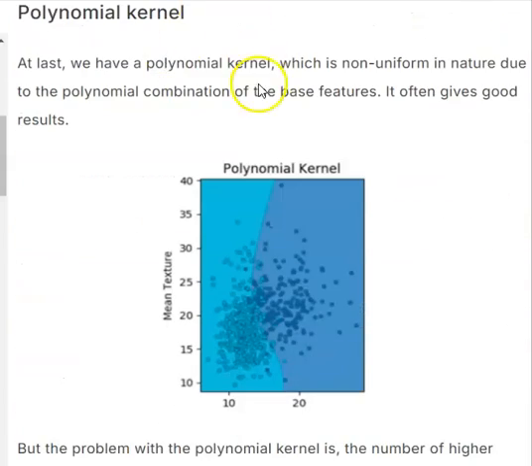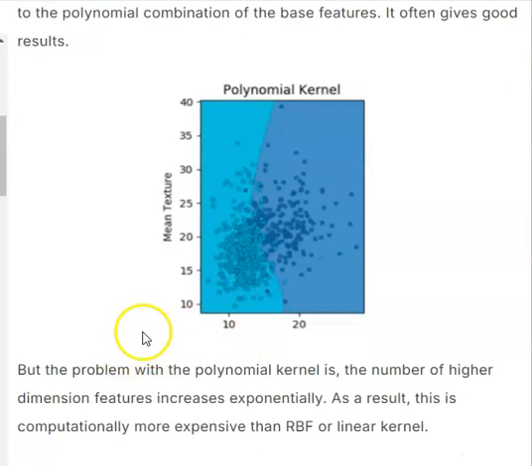The next one is the polynomial kernel. Sometimes when the data is not uniform, you can go ahead with poly. But the problem with the polynomial kernel is that the number of dimension features increases exponentially.